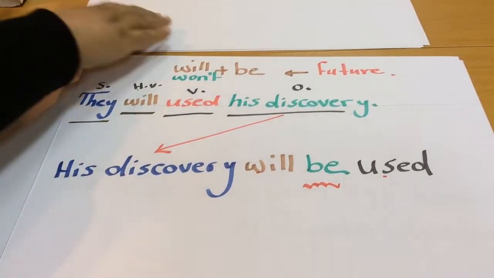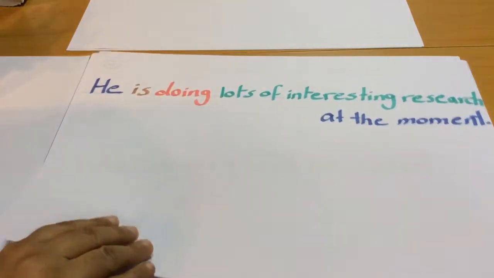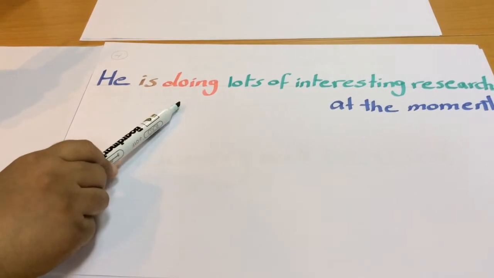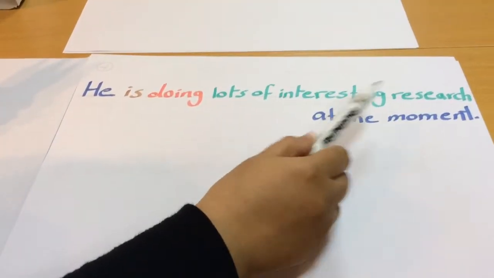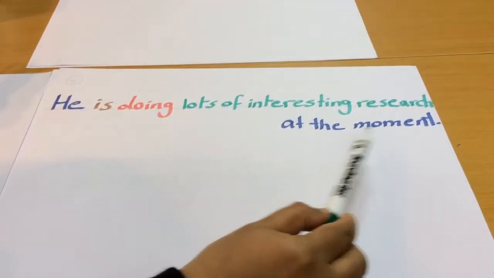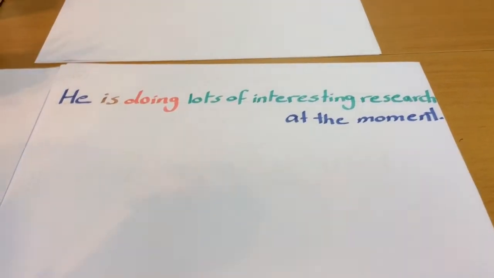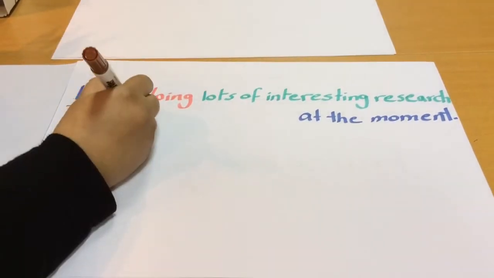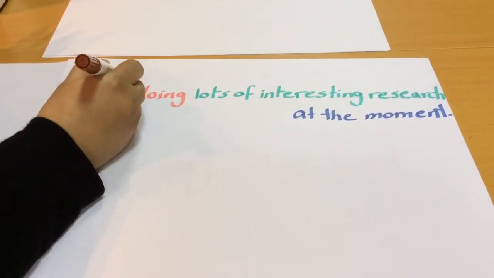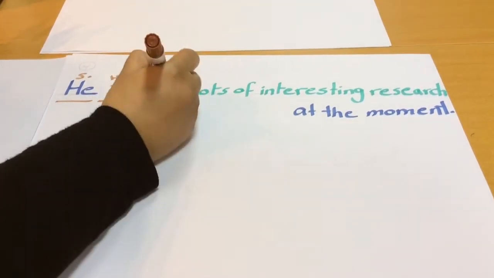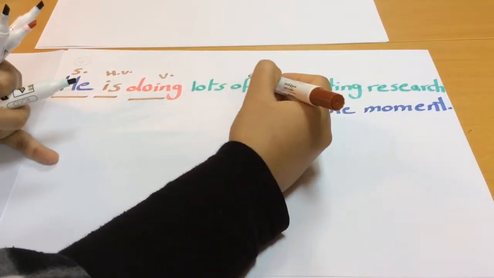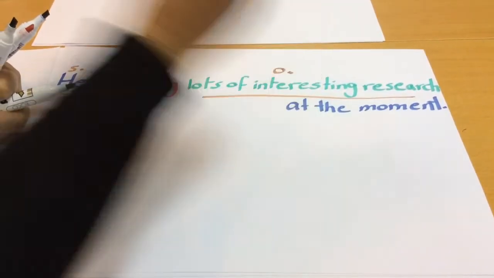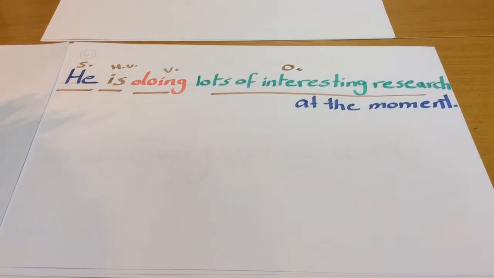Let's look now at number 4. The sentence: he is doing lots of interesting research at the moment. Let's look here. We have he, subject; is, helping verb; doing, verb; lots of interesting research, it is object. What are we going to do now?